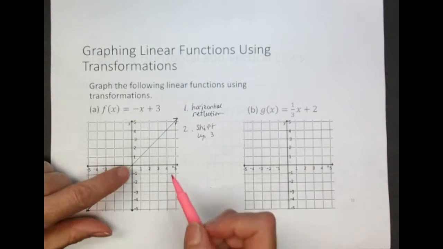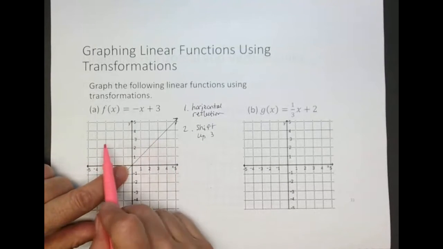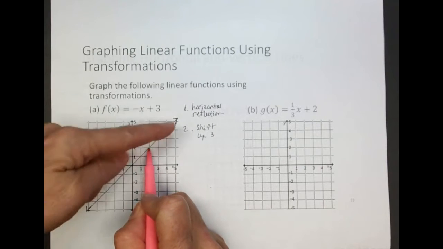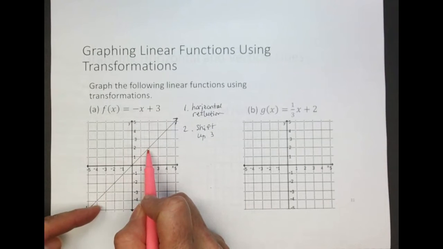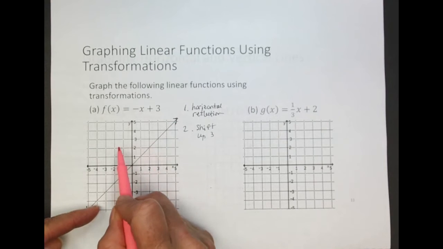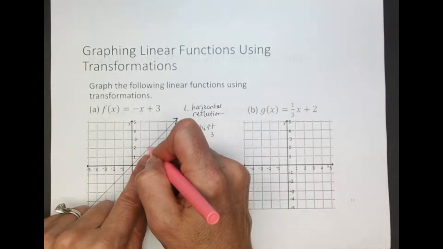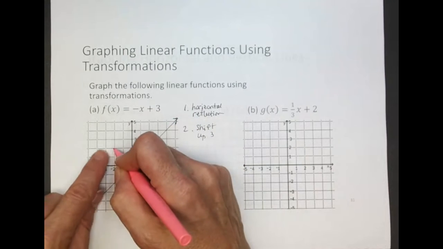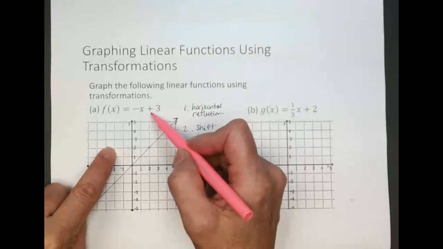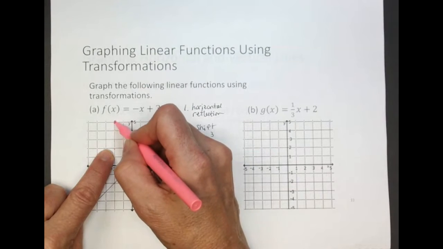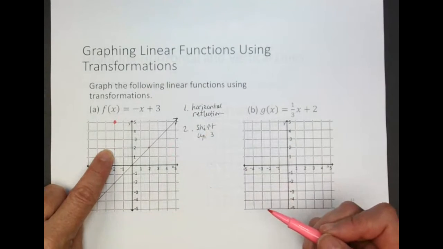transformed graph in there. The horizontal transformation is going to take each point on this graph and reflect it over the y-axis. So if we reflect this point here, if it's 2 to the right, it's going to become 2 to the left. But we also have this vertical shift up 3, so I'll need to move it up 3. So there's a point that's on that line.